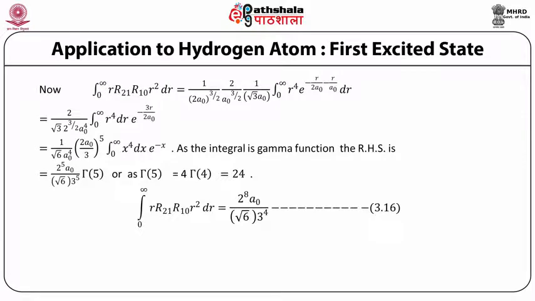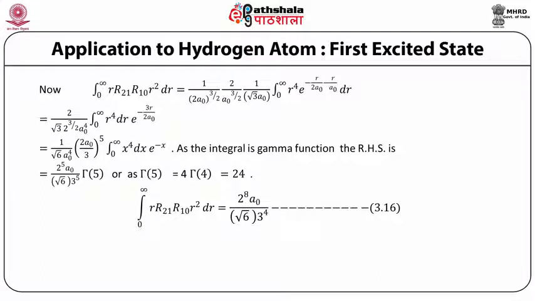Now, the integral from 0 to infinity of r into R_21 into R_10 into r squared dr can be then written as an integral over r^4 dr exponential minus r by 2a naught minus r by a naught. This is equal to r^4. The extra r, r^4, comes from R_21, which has in the numerator a term r.